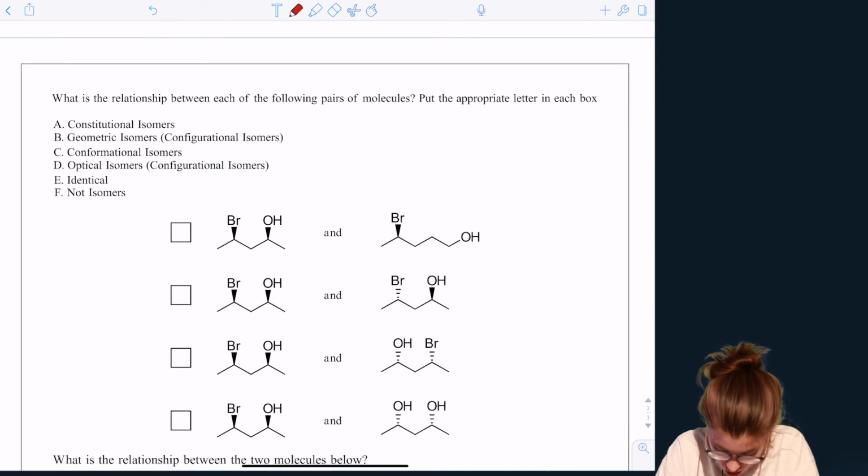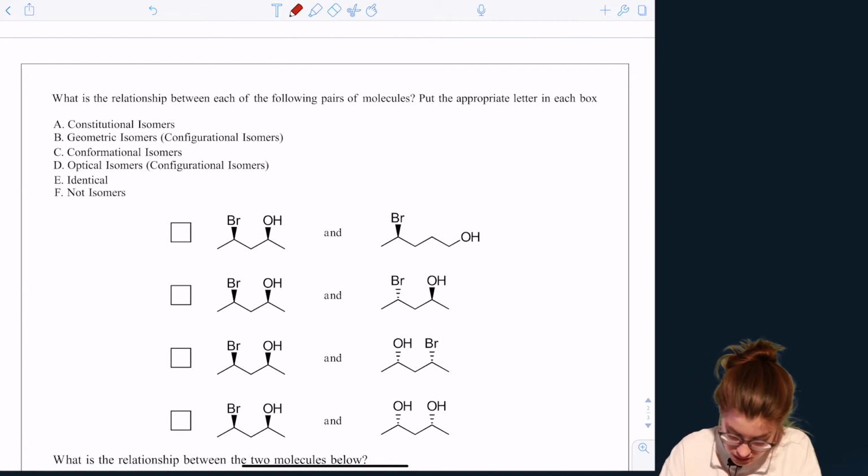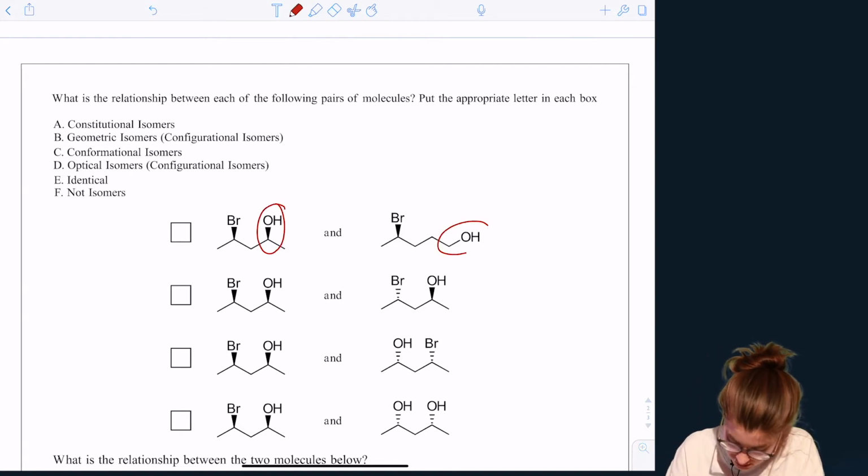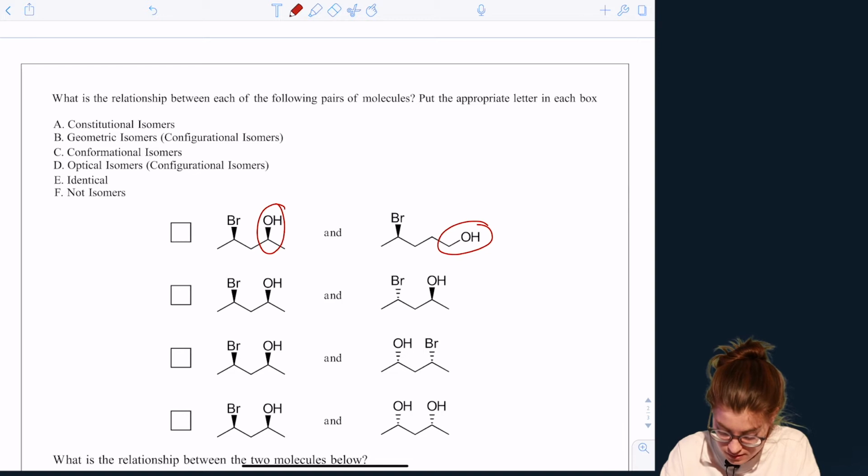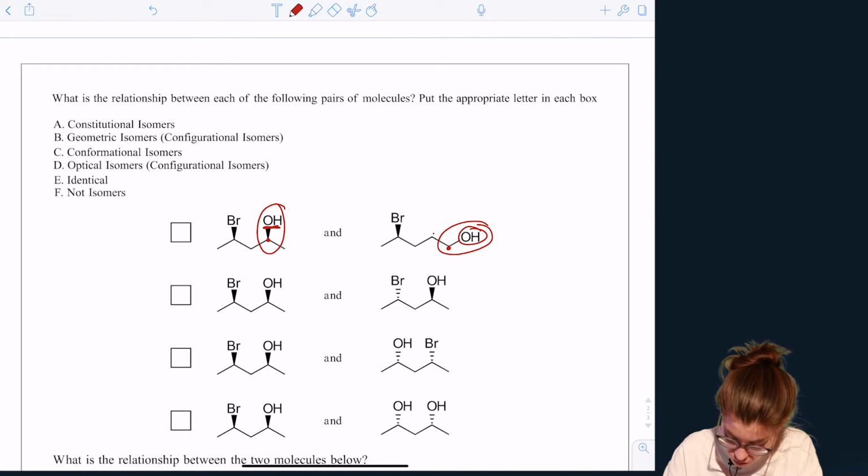So, starting with this, the first thing that I notice here is this OH versus this OH. Everything else seems to be the same. The only difference is this alcohol hydroxy group here is bonded to this carbon, whereas here the hydroxy group is bonded 1 carbon over.